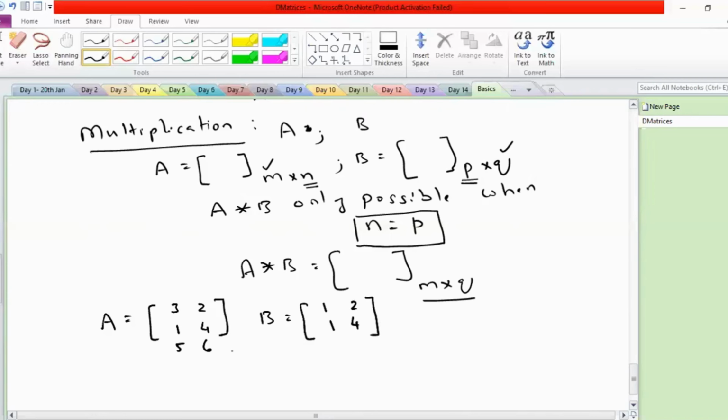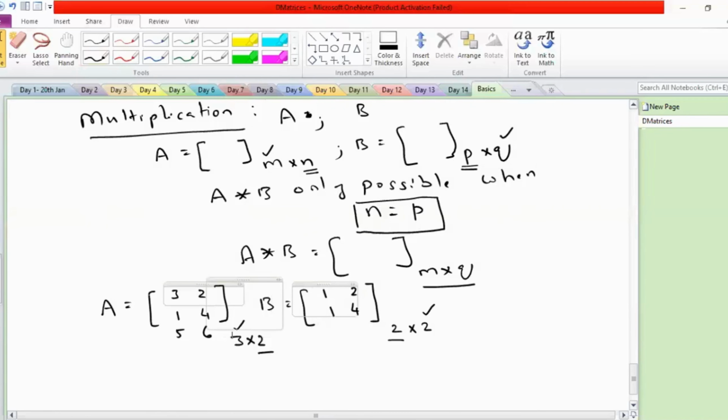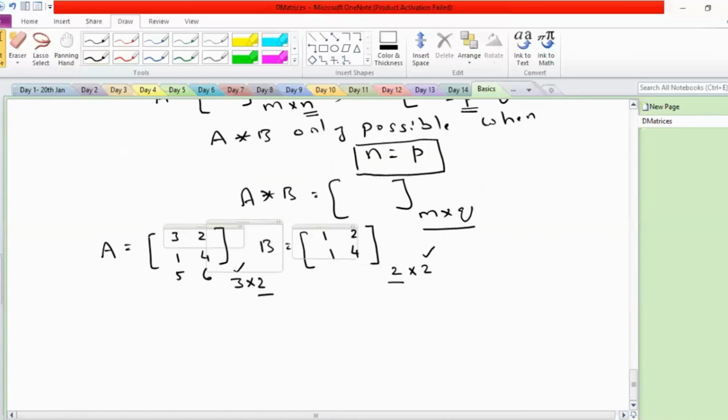So this is nothing but a 3 into 2 dimension. Here 2 into 2. This and this matching, and the resultant is going to be a 3 by 2 matrix. So what you do? A star B, this is how you do it.